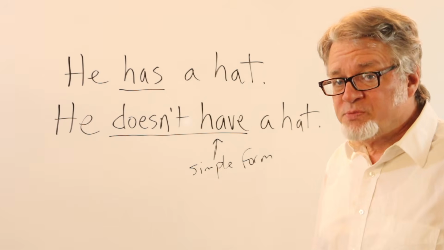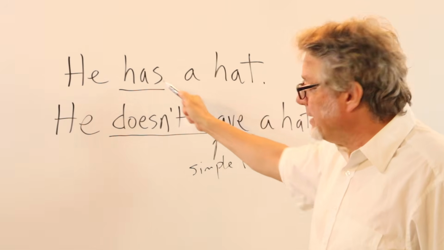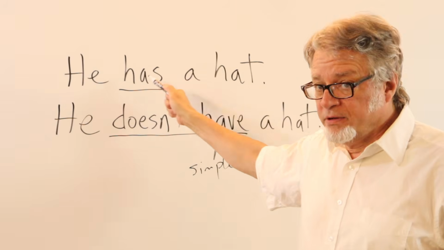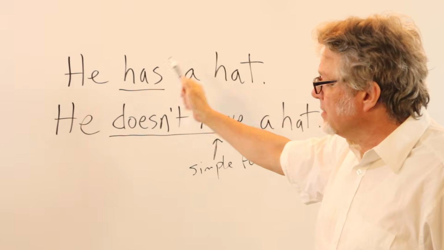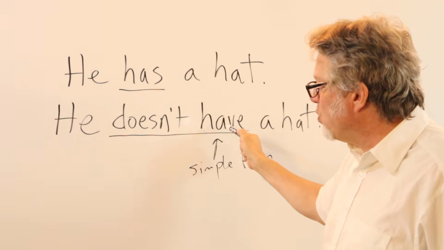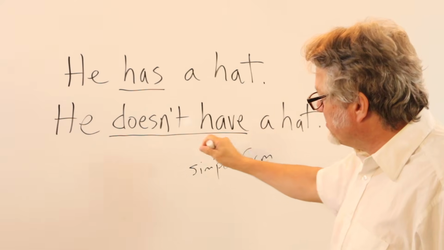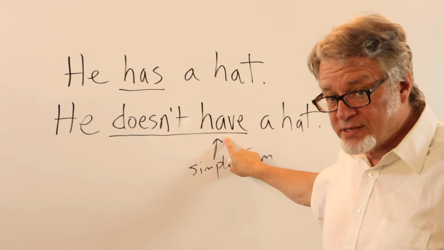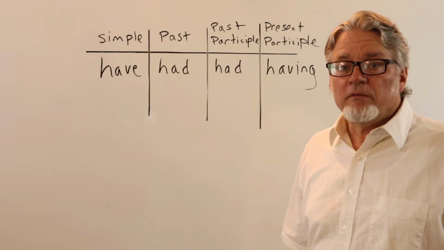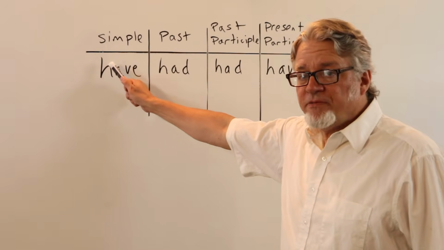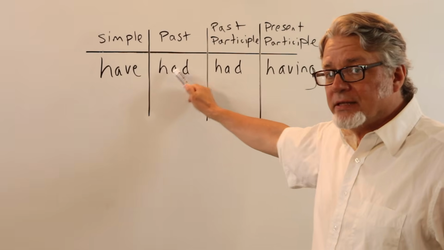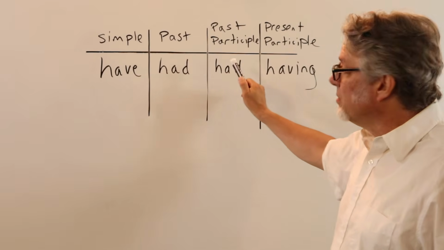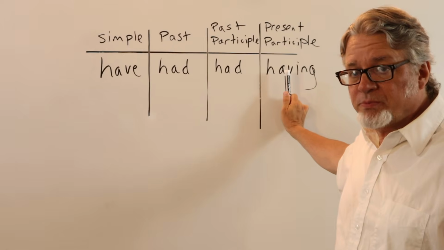There is a difference between this verb and this verb. They're both in the present tense. This is affirmative and this one is negative, but in this case, it's in the simple form. All verbs have a simple form, the past tense, the past participle, and the present participle.